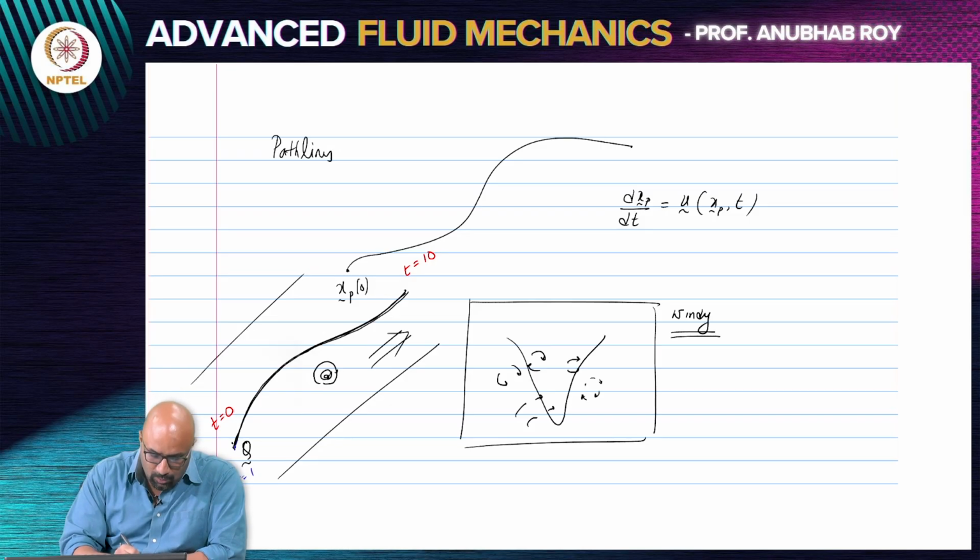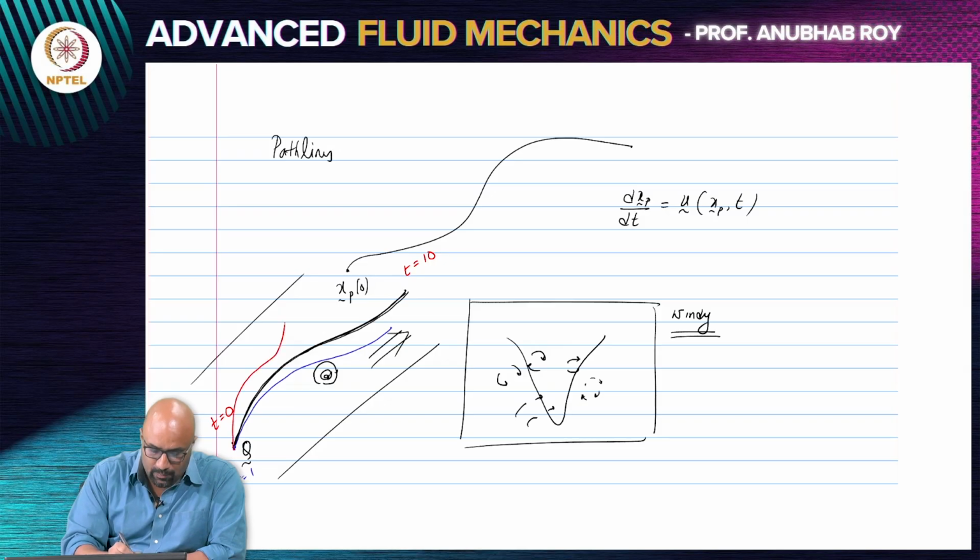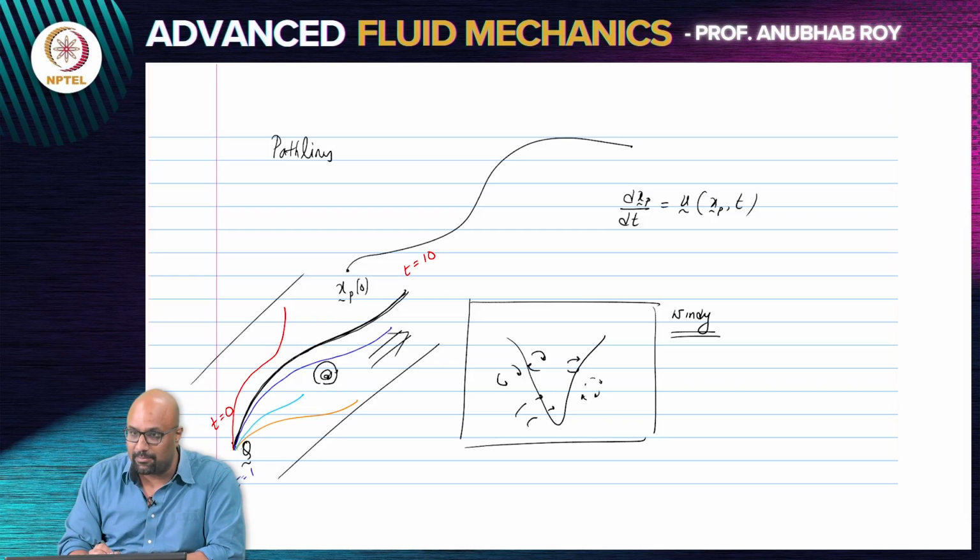So it would move around, and by the 10th second, it might take a different route and land up in a different location. And you can continuously keep repeating this process. You can release something at t equals 2, it can go somewhere else, you can do it at t equals 5, and then you could release something at t equals 8, and then eventually there is a particle which you are just about to release at t equals 10.